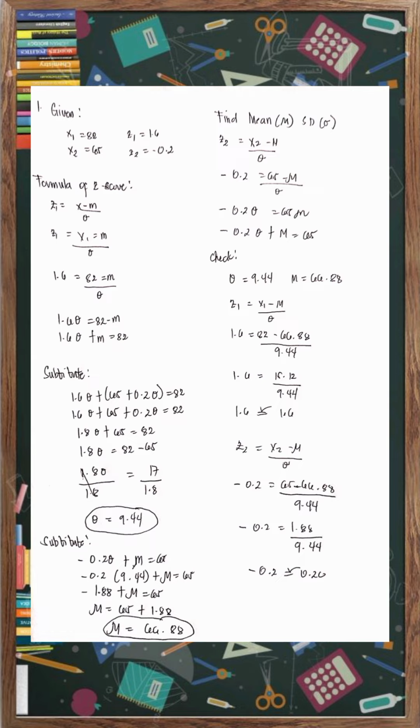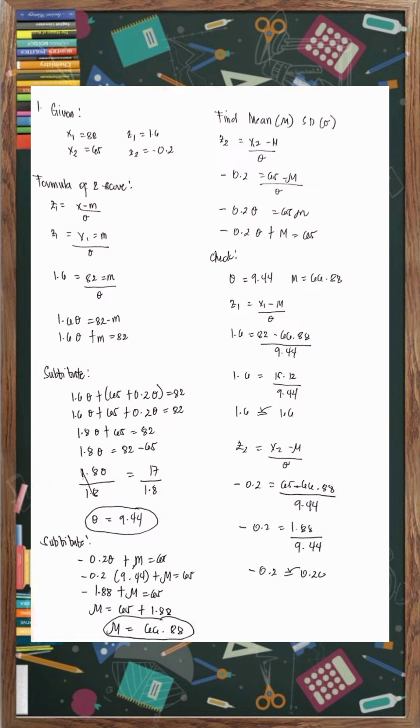So, magiging 1.6 standard deviation siya, then plus mean equals to 82. Ang equation system niya po ay 1.6 standard deviation plus m equals 82.